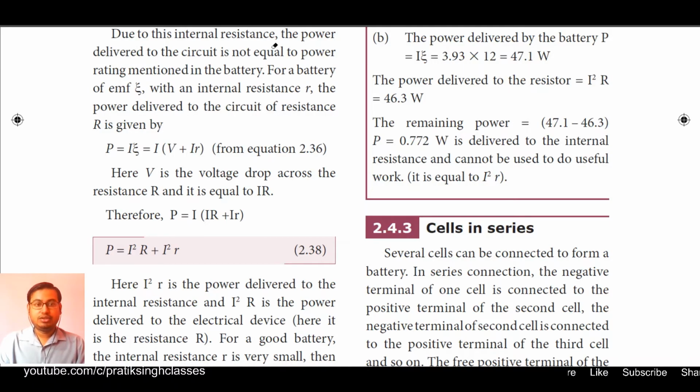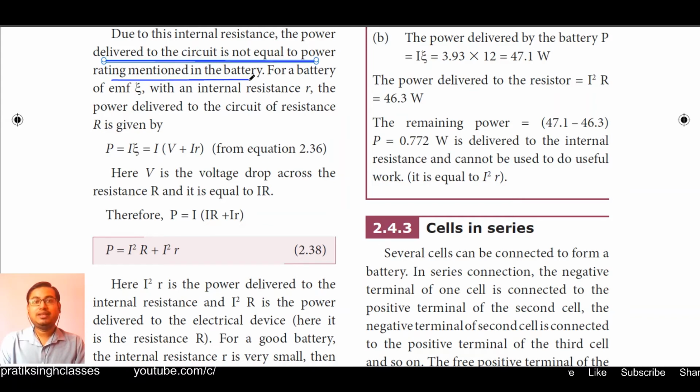Due to the internal resistance, the power delivered to the circuit is not equal to the power rating mentioned on the battery. As in figures 2.20 A and B, we have seen that first the cell was connected to the voltmeter, and there we found the total voltage, or the EMF, of the battery or the cell.